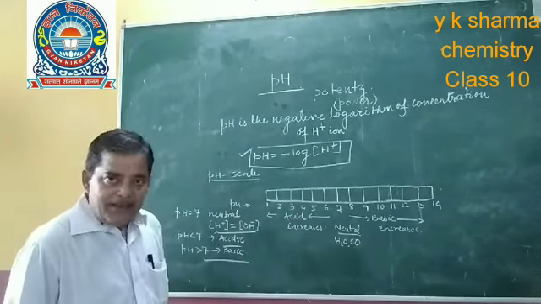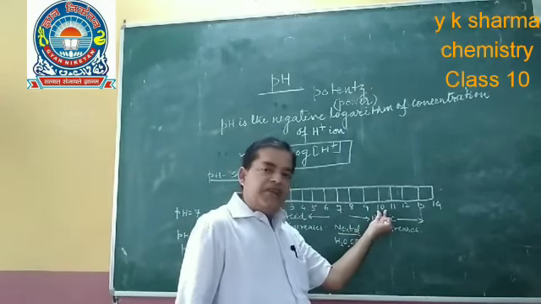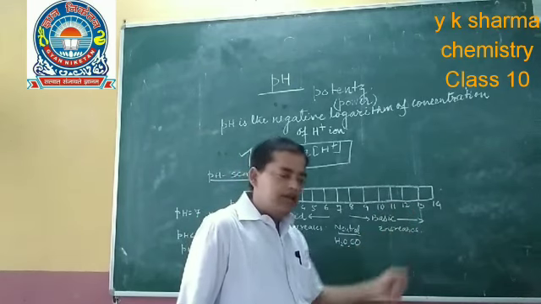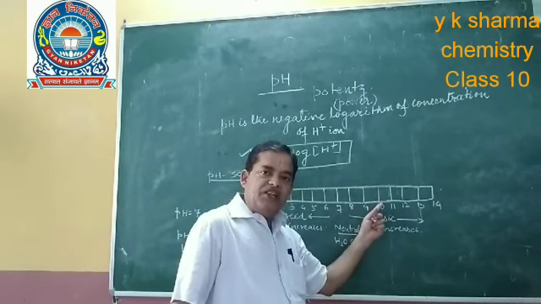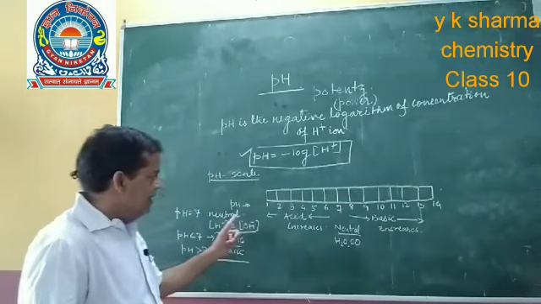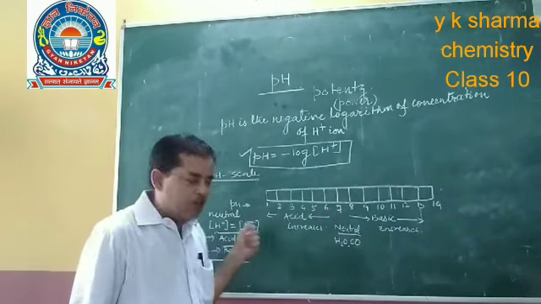Now if the substances have pH 10 and 11, which will be more basic? Obviously, the substance with pH 10 will be more basic in nature. Okay, it is clear? So many questions are asked on the basis of this pH.